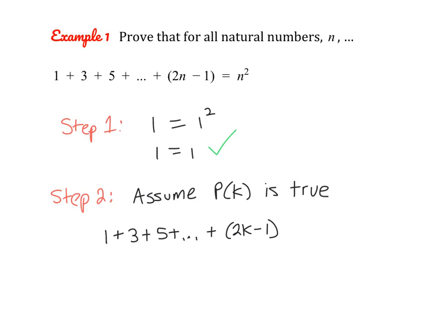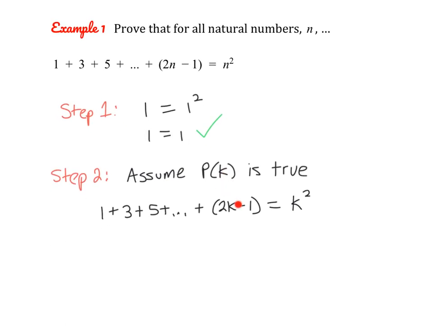Notice I just substituted k for n. And we're going to assume that this is true, that this does in fact add up to k squared. We are going to be using this in step 3, so it's really important that you write it.